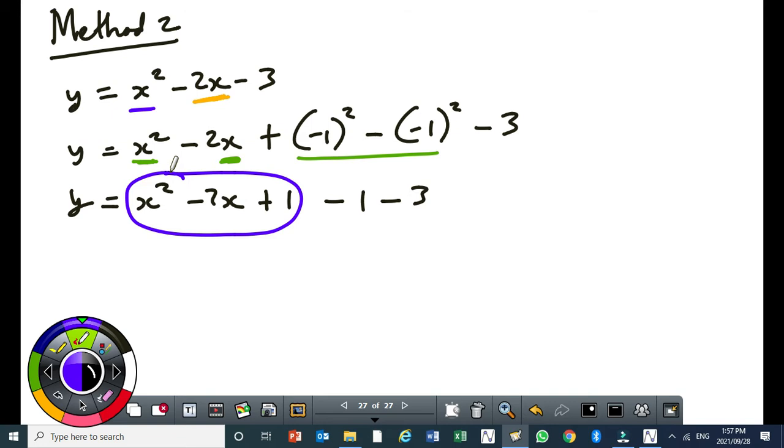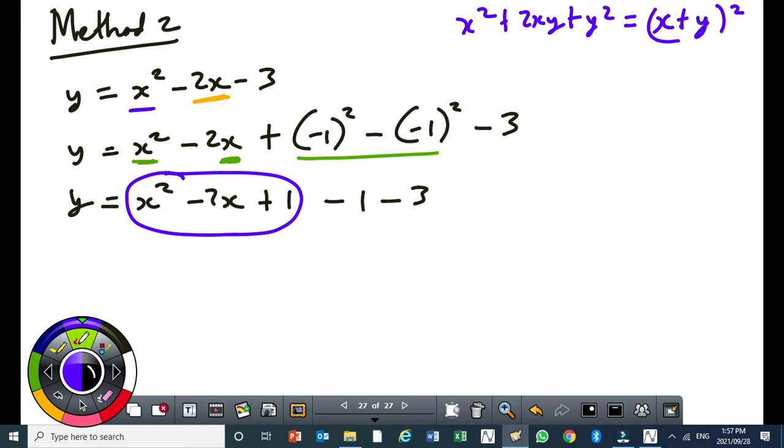Remember, I told you there are 2 types of perfect square trinomials. Let me write them in general form. We have x squared plus 2xy plus y squared. If you factorize that, you always get (x plus y) squared.